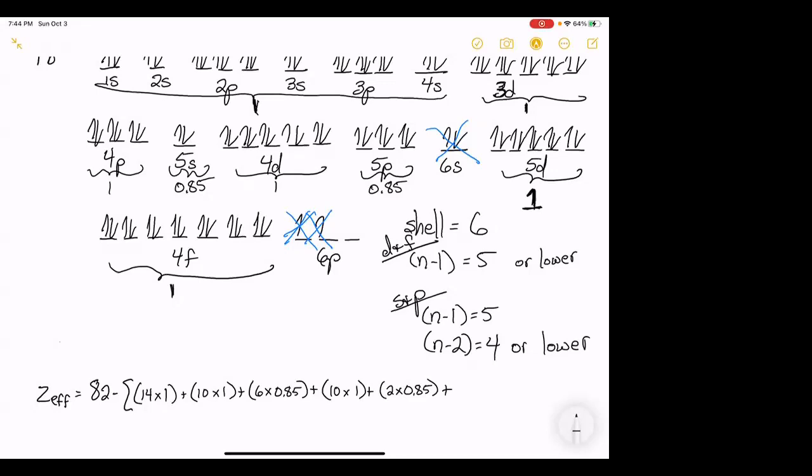So 16, 17, 18, up to 36. So another 36 times 1.